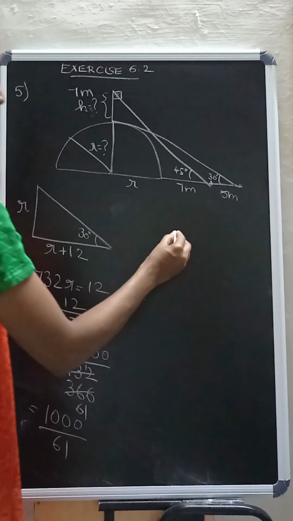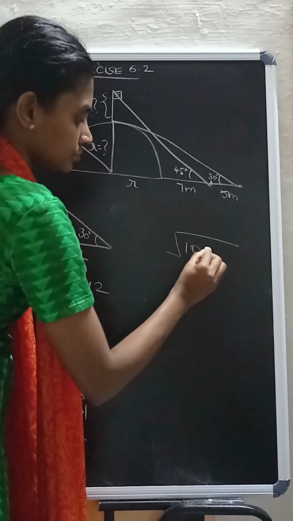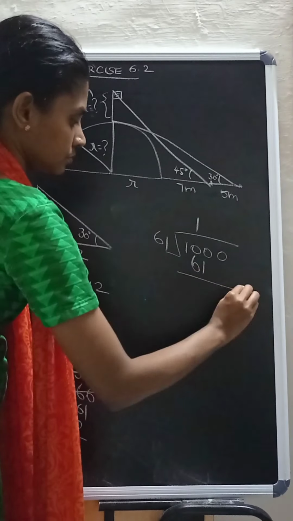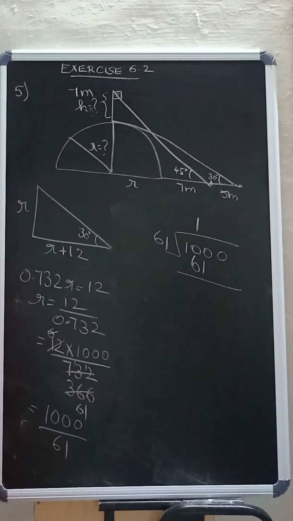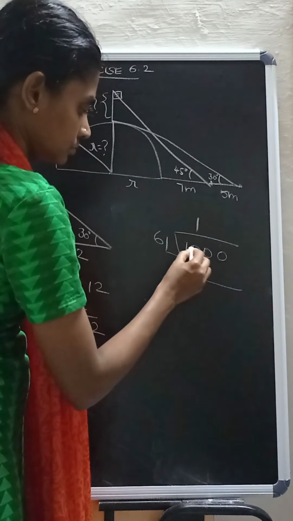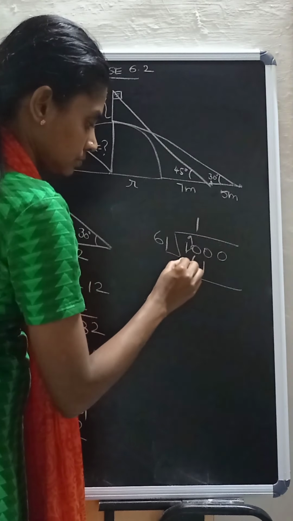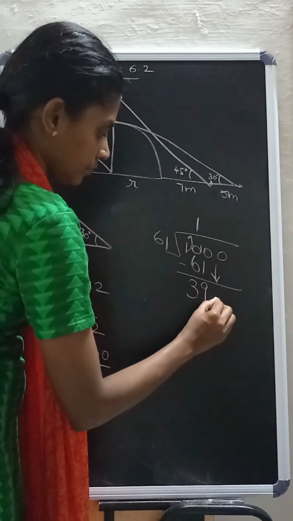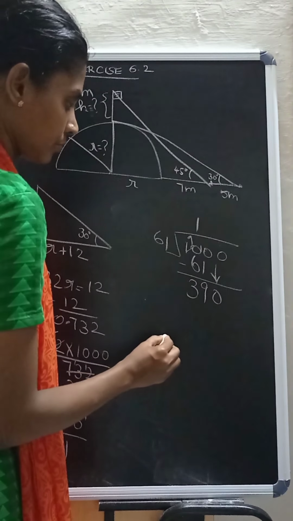Divide 1000 by 61. Nine minus 6 is 3. 90.